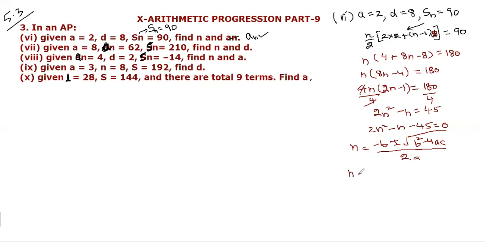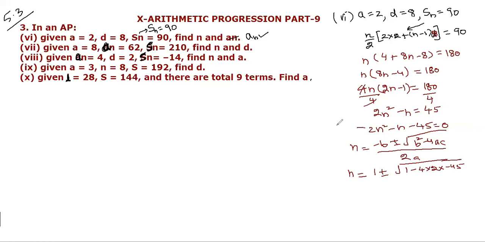So n will be equal to minus b, b is minus 1, so 1, plus minus under root b square means 1 square minus 4 into 2 into minus 45.